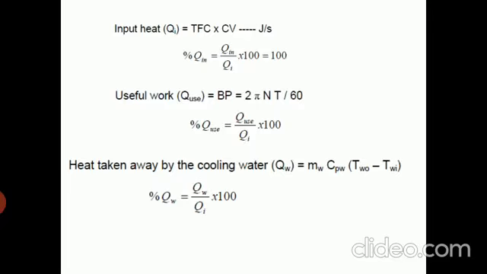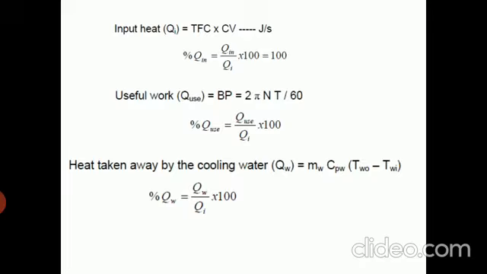Then useful work, based on a given loading system, whether it is a rope brake dynamometer or Prony brake or hydraulic dynamometer or electrical dynamometer. Based on a given loading system, you can easily find brake power output. If you know brake power output, out of the heat given as an input, how much energy is converted into brake power.